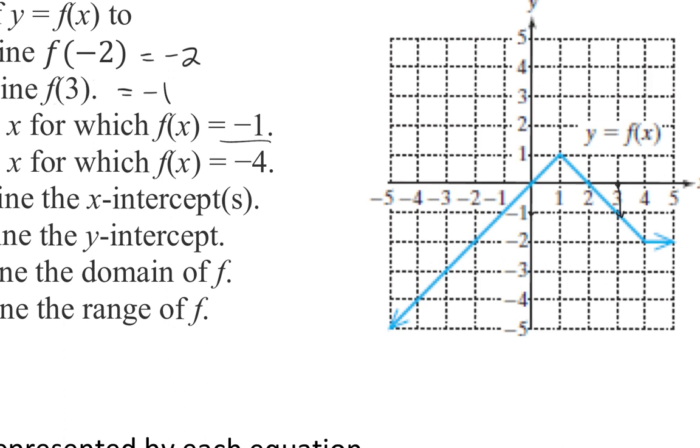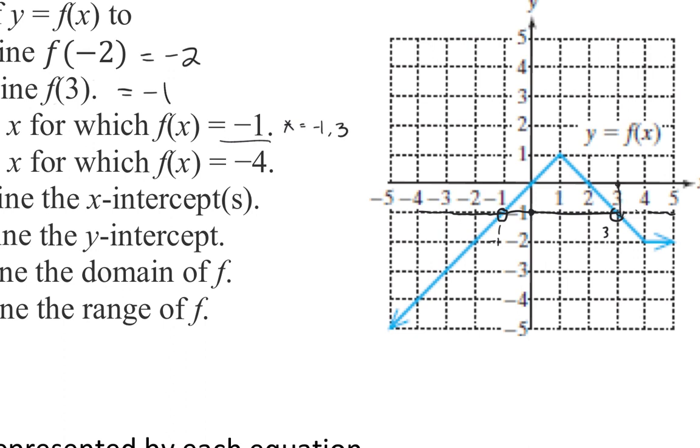We're going to look at the y value of negative 1 and figure out which x values fill that. So here we intersect, here we intersect. This one is at negative 1, this one is at 3. So that will be x is equal to negative 1 and 3.